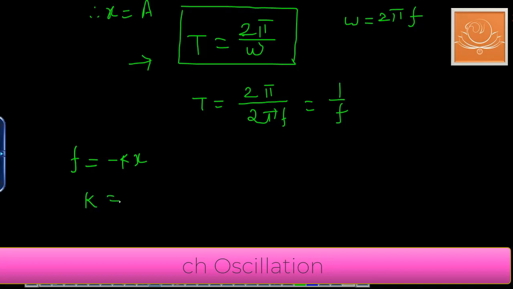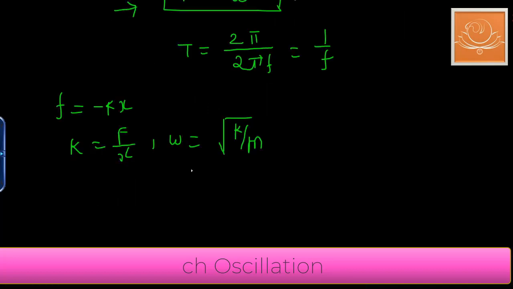This k equal to f divided by x if we consider only the magnitude, and also this omega equal to under root k by m. Now we have to use this value for the modification of this equation. Now using this value, equation for period becomes t equal to 2 pi by omega, which is equal to 2 pi divided by under root k by m.